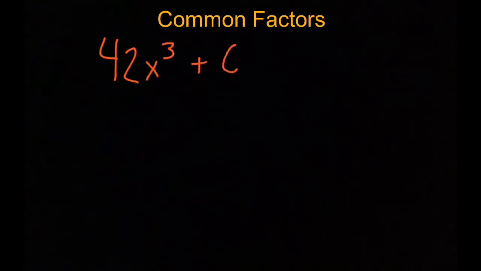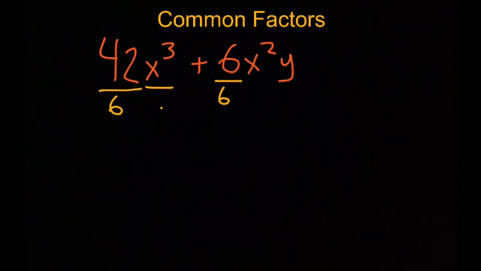Let's try another problem. Let's say we're given 42x cubed plus 6x squared y. So how would you factor this? We can identify that you can factor out 6 from both of these, and you could factor out x squared from these two.